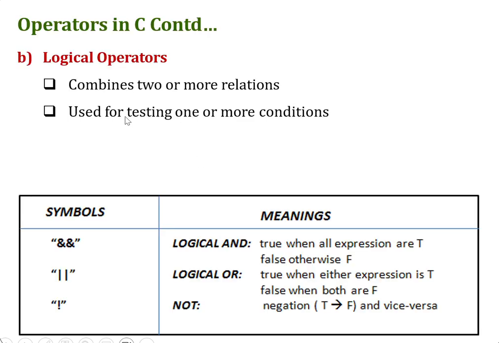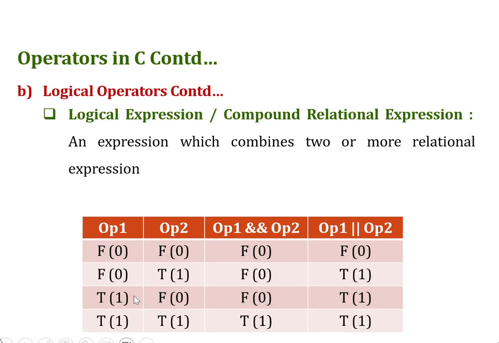Next is logical operators. Now we are going to see about the logical operators in C, that is logical and, or, and not. Logical and has a double ampersand, logical or has a pipe symbol, and logical not has an exclamation mark.